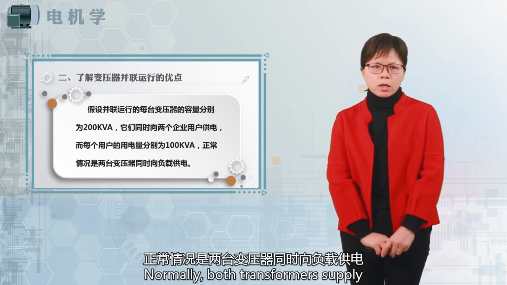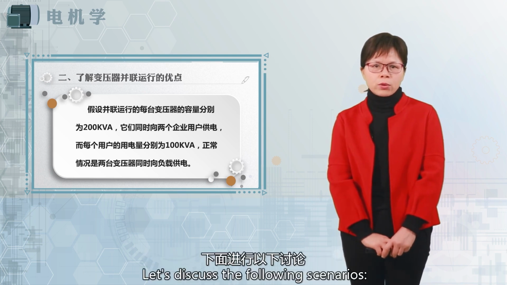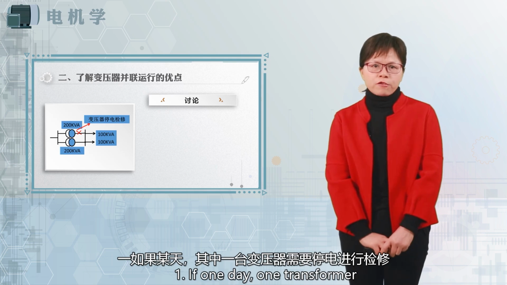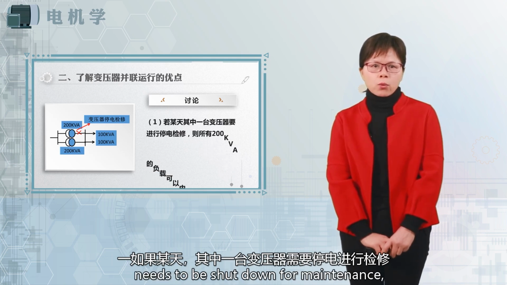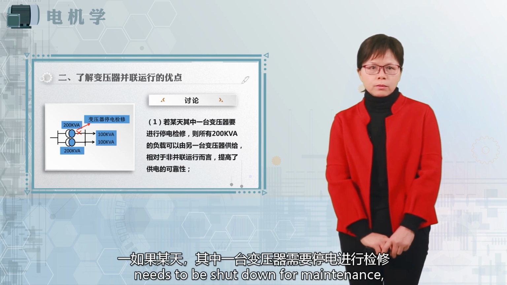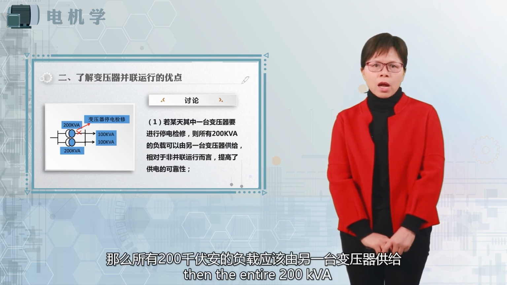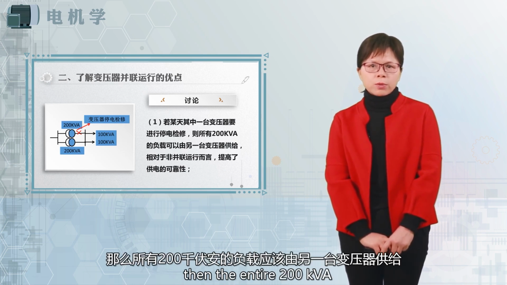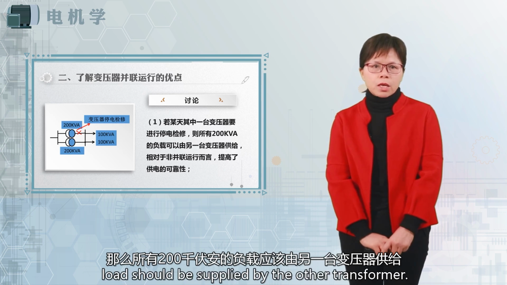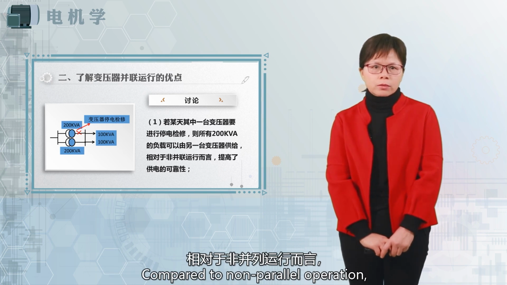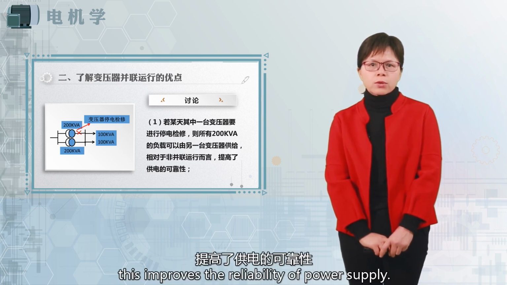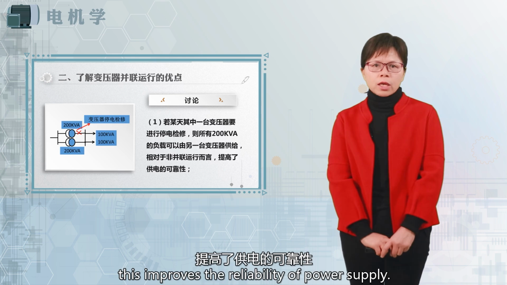Normally, both transformers supply power to the load simultaneously. Let's discuss the following scenarios. 1. If one day one transformer needs to be shut down for maintenance, then the entire 200 kVA load should be supplied by the other transformer. Compared to non-parallel operation, this improves the reliability of power supply.